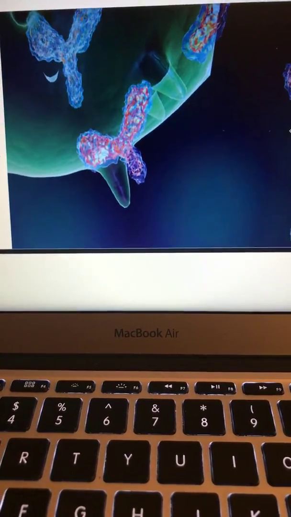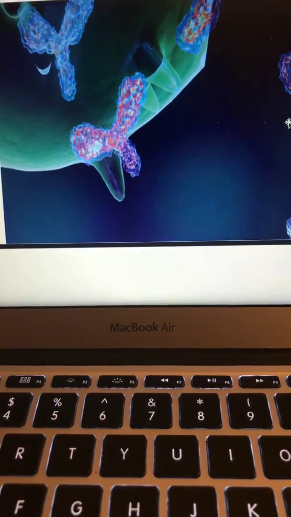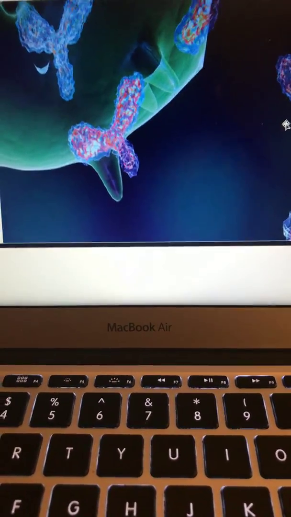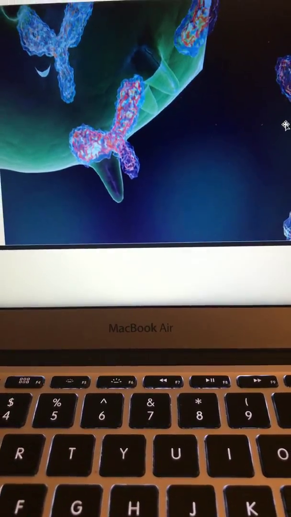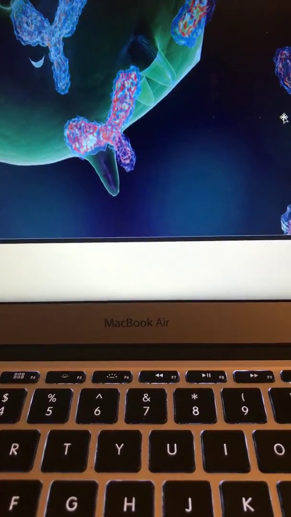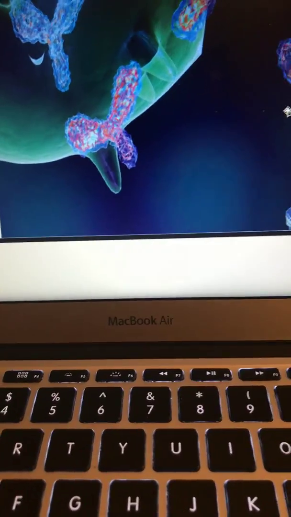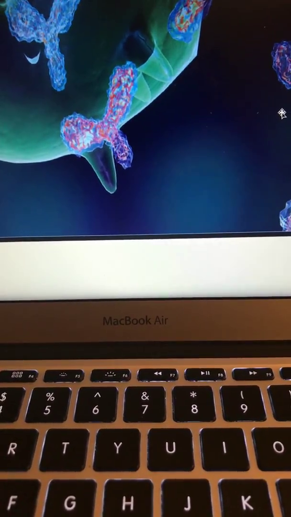So antibodies have three major functions. The first one is secretion. They secrete into the blood and mucosa.